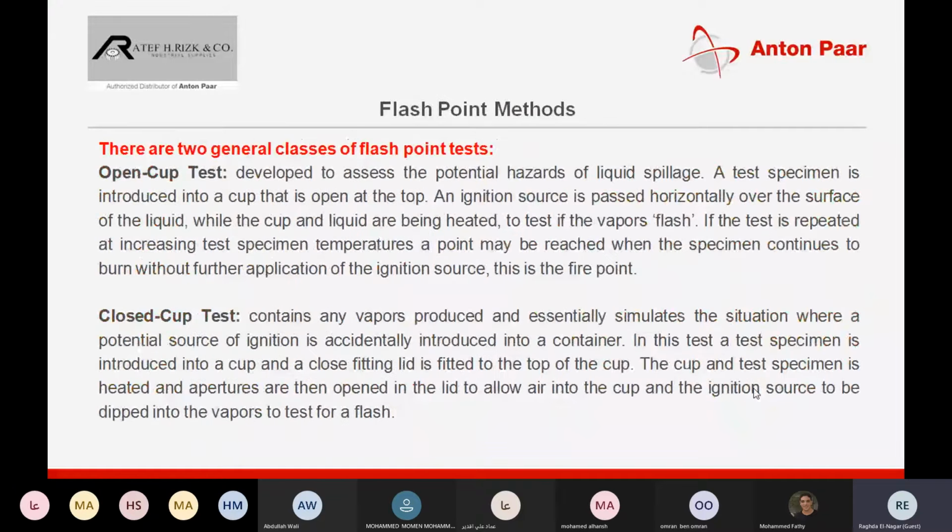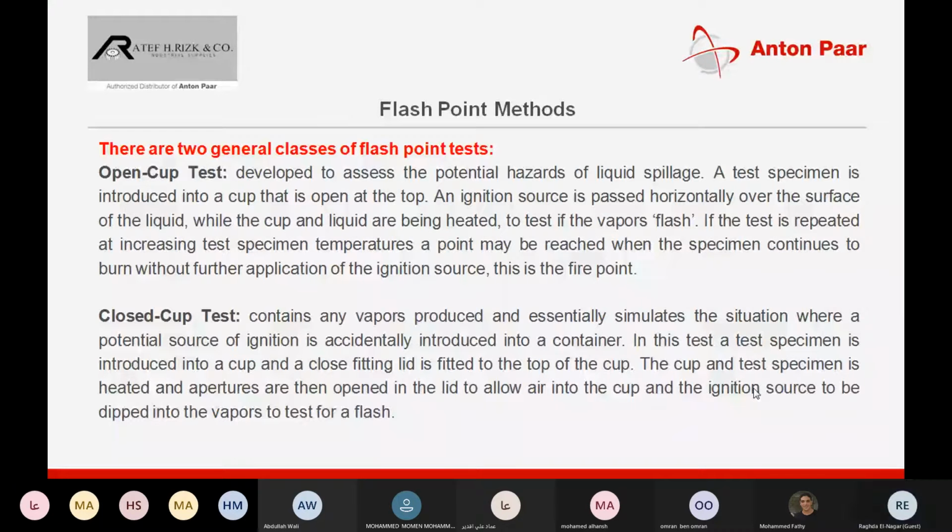There are different methods for flash point determination. Mainly, there are open cup and closed cup. Closed cup is known as Pensky-Martens, related to Mr. Martens in 1870, and this method was modified after that.